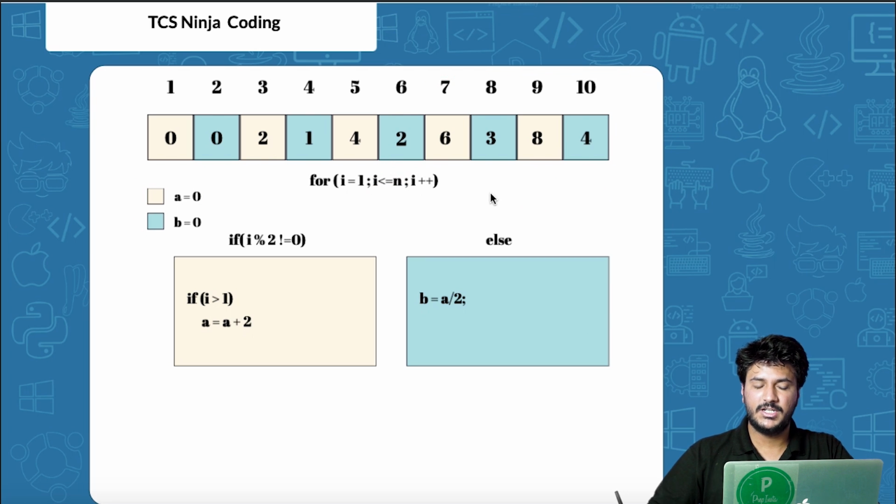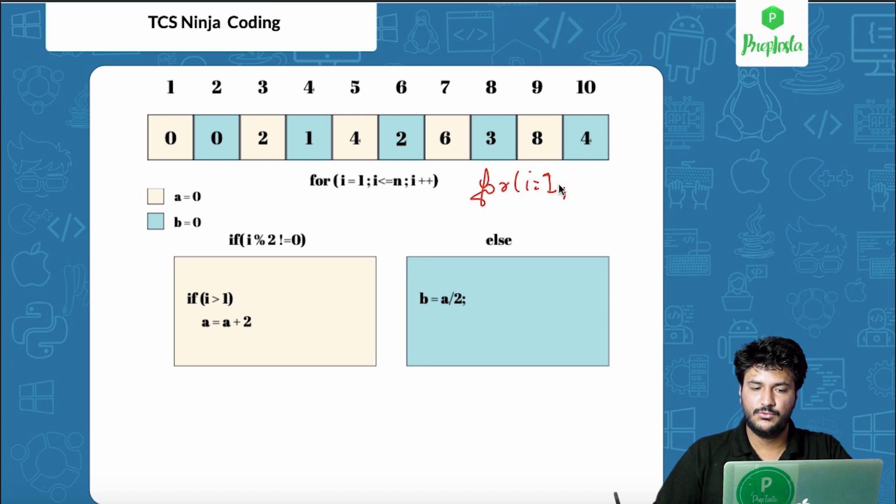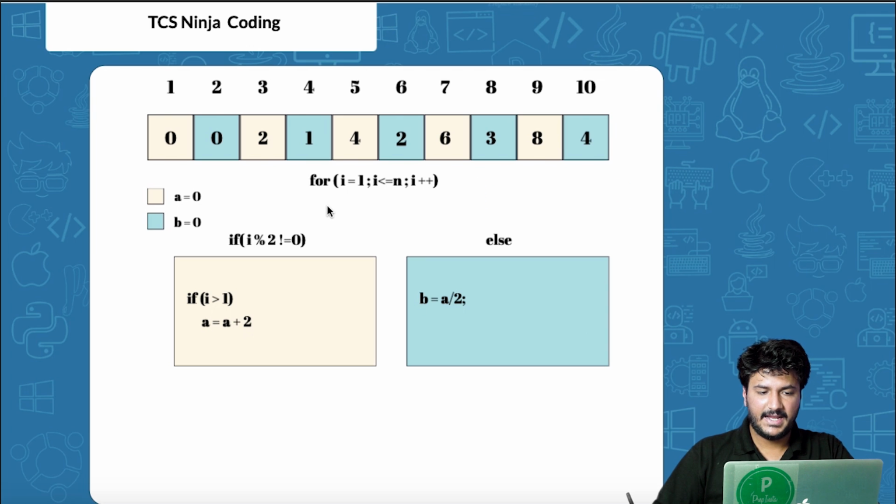So initially we also initialize one variable, that is i. Now we are using this i to iterate upon this for loop. So this for loop is for i equals 1, that is initializing i equals 1, and then i less than or equal to n, till the boundary condition, and then after everything we are just incrementing it. So this i, we are also going to use further in this for loop.